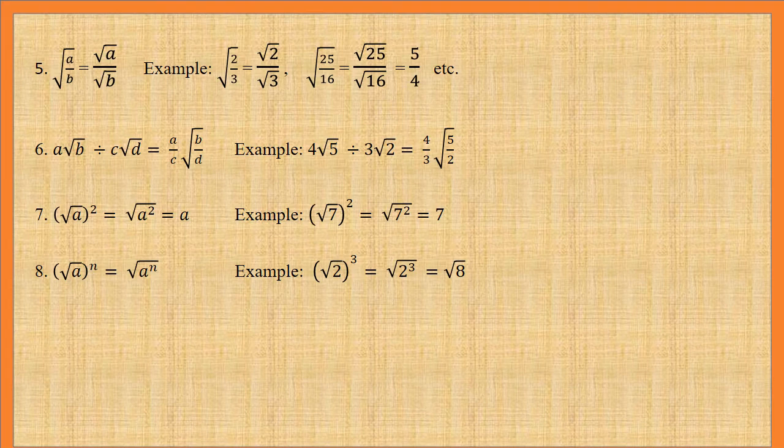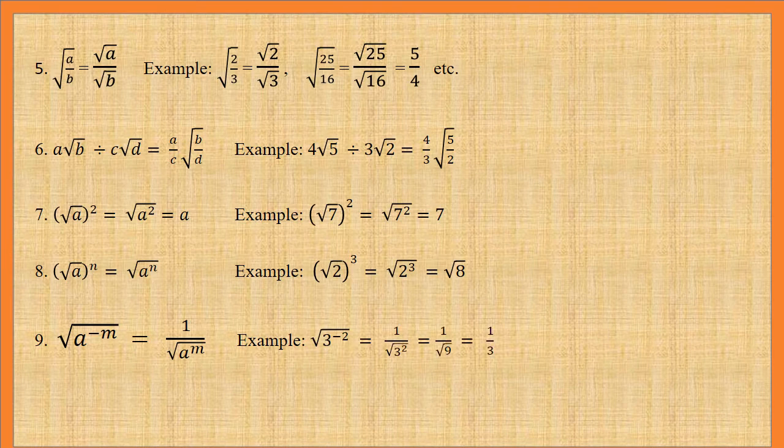We can have rule 9, where we have a exponent negative m under a square root, and this will be equal to 1 over square root of a exponent m. The m here was negative. When you come here, it changes to positive. You reciprocate it so that we'll now have 1 over root of a to exponent m.